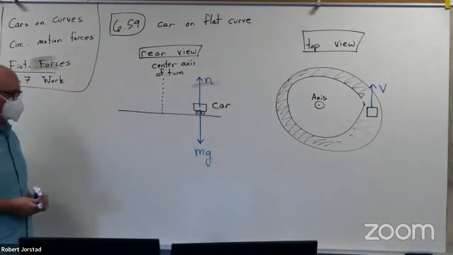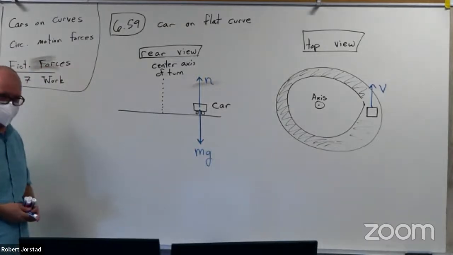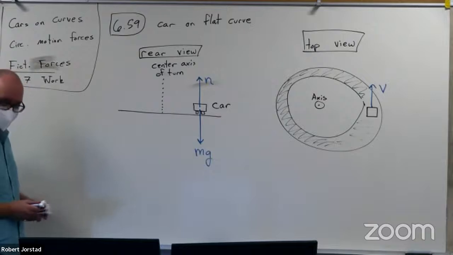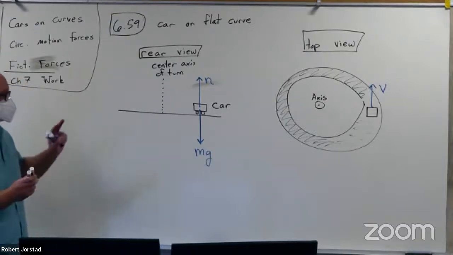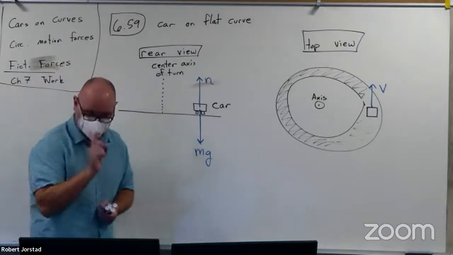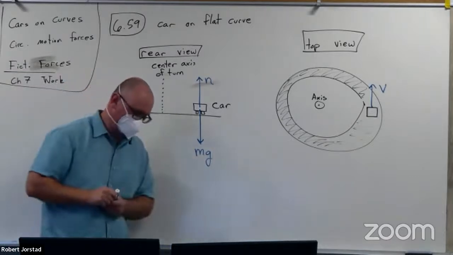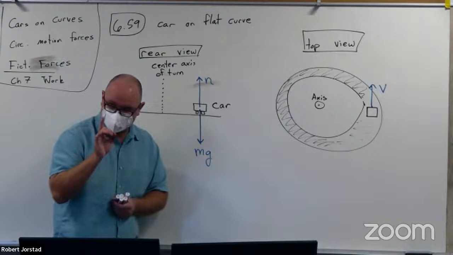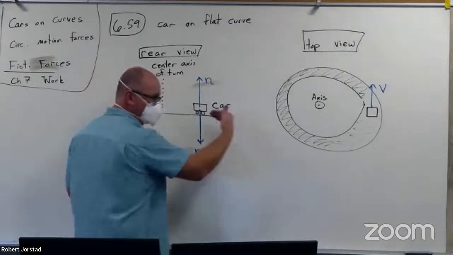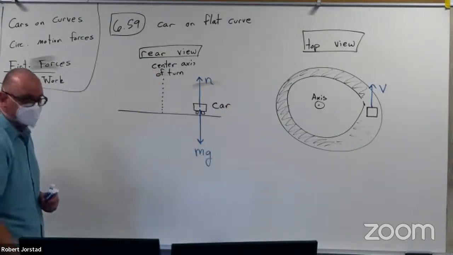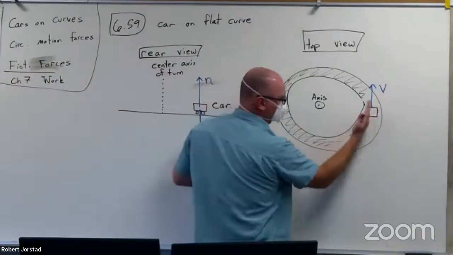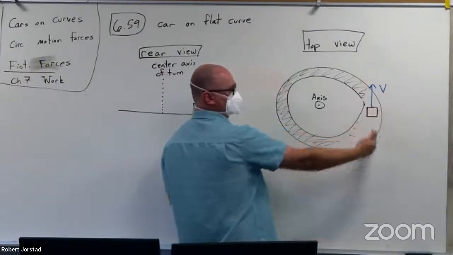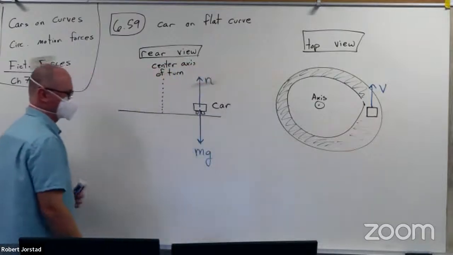Yep. Now, this car is moving in a circle, and it's moving at constant speed. Is it accelerating or is it not accelerating? It is accelerating. Remember all this, when the v changes direction, you're accelerating. So even though you have constant speed, it's first this way, then that way, there's an acceleration. Which direction?